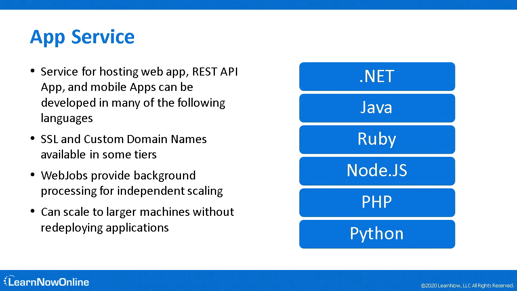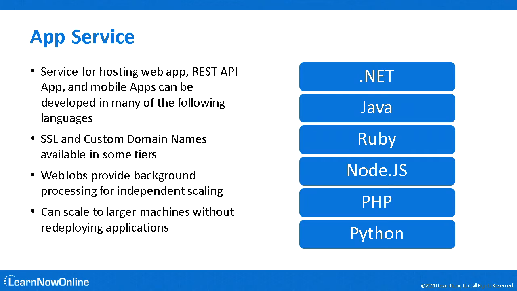When you choose an app service kind of deployment in Azure, you will have a variety of frameworks and programming language choices available. You can also use SSL and custom domain names associated with that app service. If you already own a custom domain, you can easily associate it, and you can make sure that your security is taken care of with HTTPS.